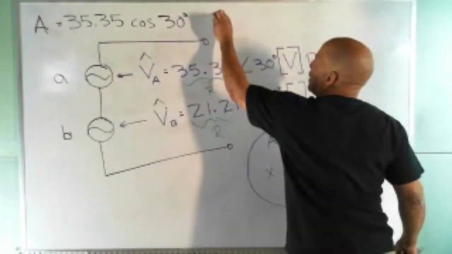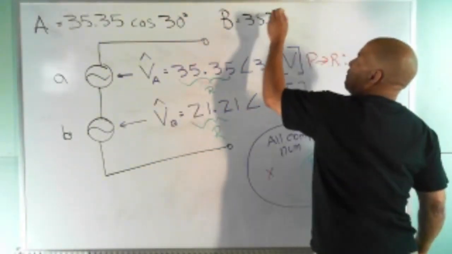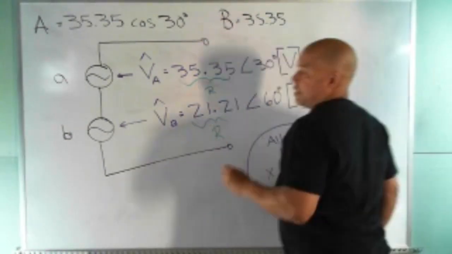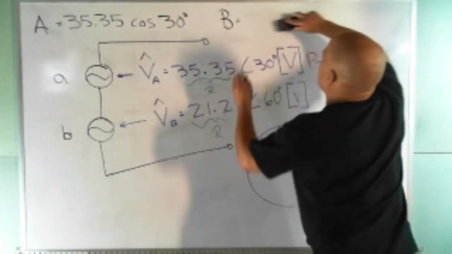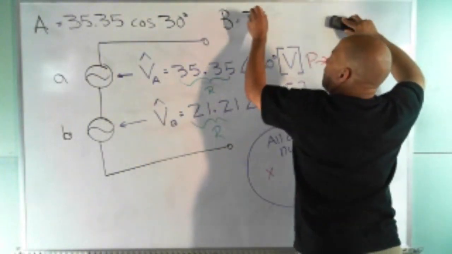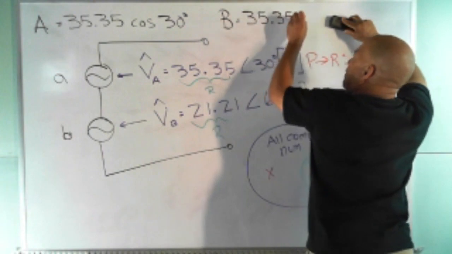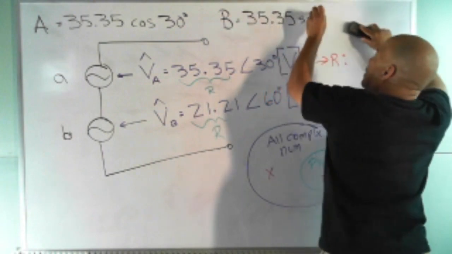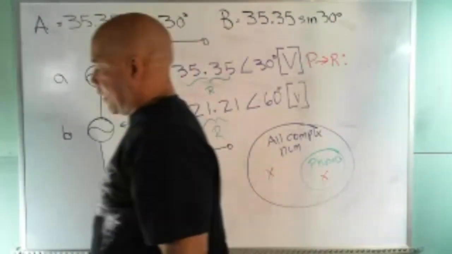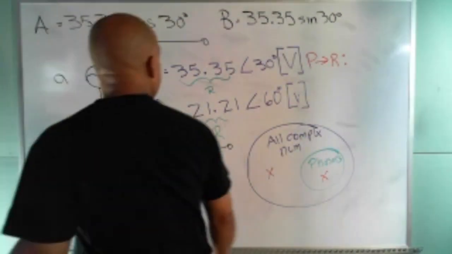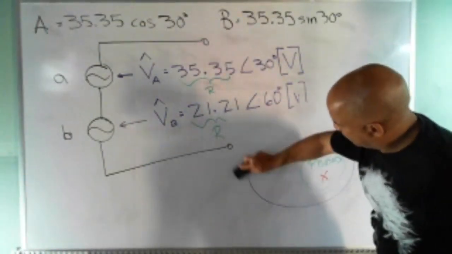And then to get the imaginary part, I have to take 35.35, and my 5 looks like an S, 35.35 sine 30 degrees. So go ahead and do those calculations and let me know what you get for the first one.